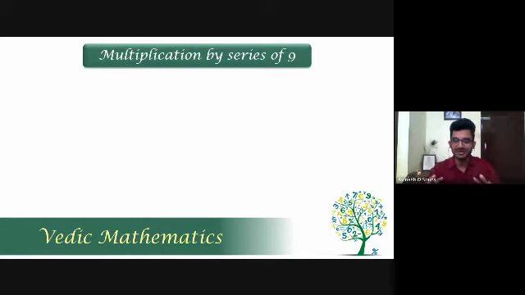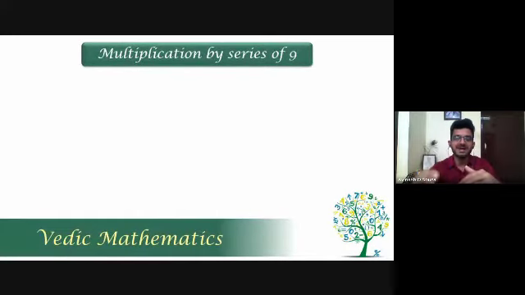In case you have forgotten, I'll say it briefly. If the number of digits in the multiplicand and the multiplier are the same, you consider the multiplicand and subtract 1 from it to obtain the left part of the answer. To obtain the right part, you consider the left part and subtract each of its digits from 9, and that is how you get the right part of the answer.